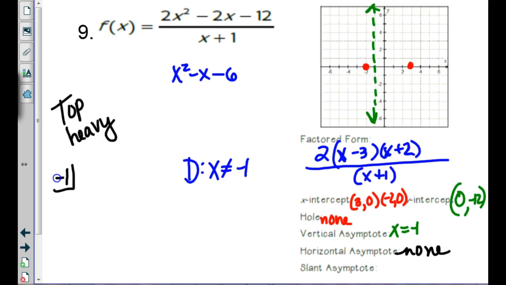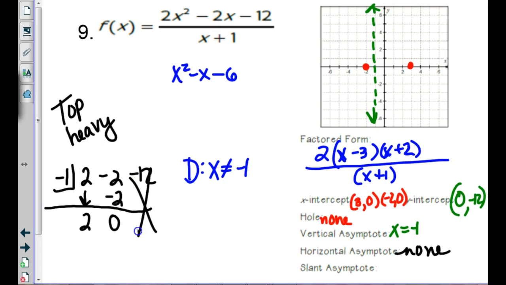Synthetic division or long division, we got to divide. So negative 1, the 0 goes in the box. 2, negative 2, negative 12. Just always use the regular first equation, guys. Don't use factored ones. Bring down the 2, multiply. I got just a 2 and a 0 and then some garbage I don't care about.